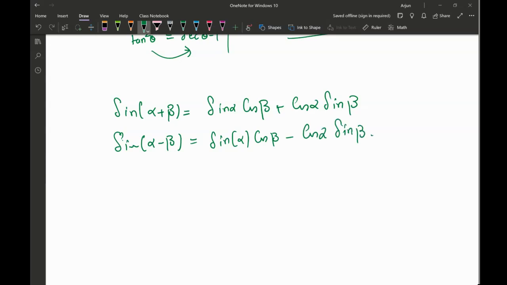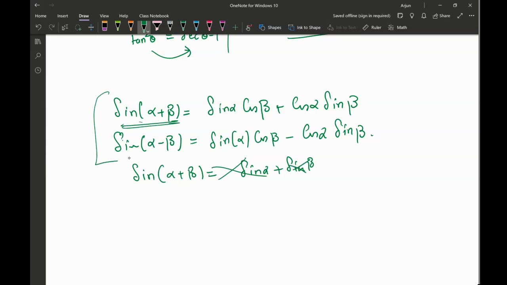One thing I wanted to tell you here is, sometimes I've seen students writing sine alpha plus beta equal to sine alpha plus sine beta. That is wrong. You cannot write it this way. If it is written in this format, you have to write it in this format.